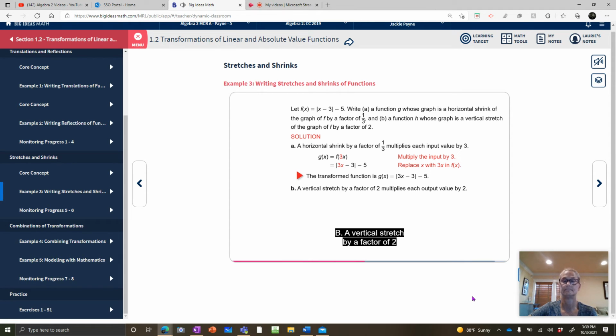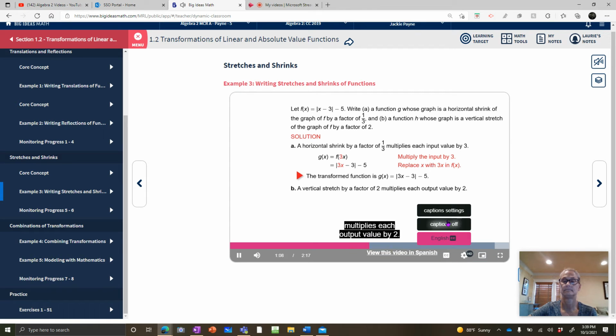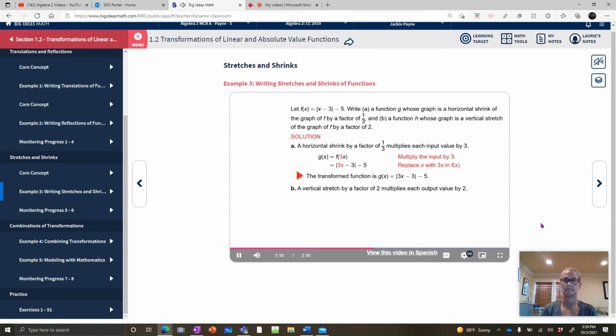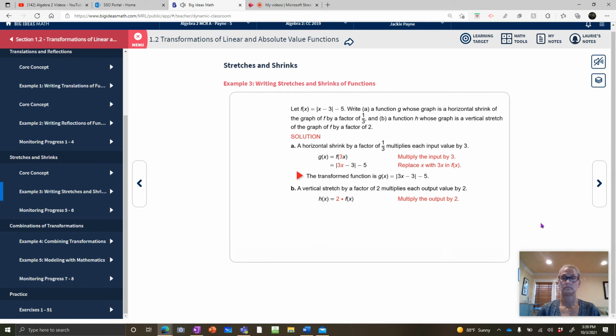B. A vertical stretch by a factor of 2 multiplies each output value by 2. Multiply the output, or f of x, by 2. Write h of x equals 2 times f of x. Substitute the absolute value of quantity x minus 3, minus 5 for f of x to get 2 times the difference of the absolute value of quantity x minus 3 and 5.